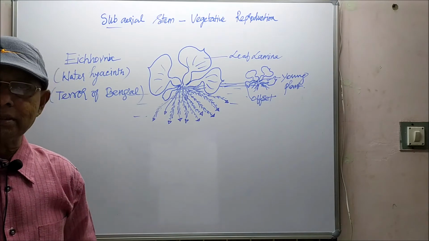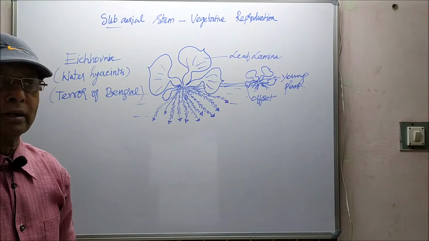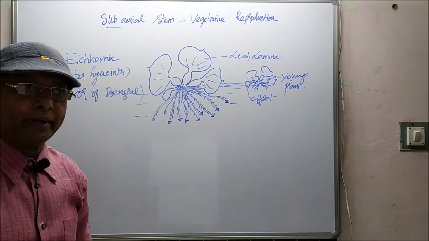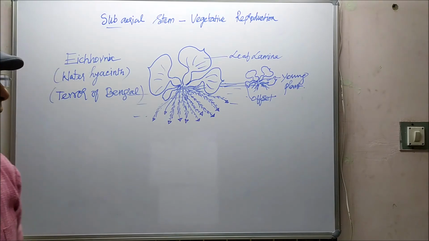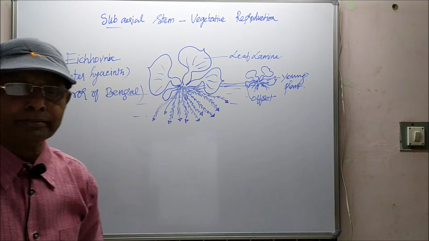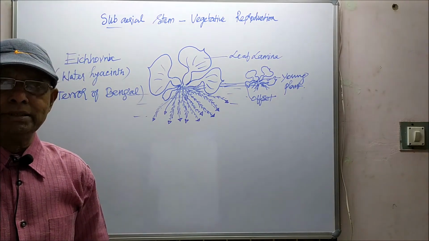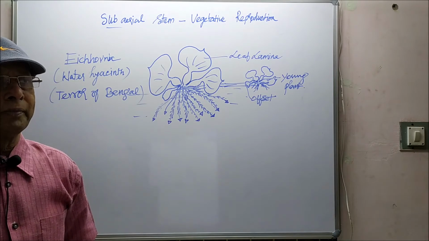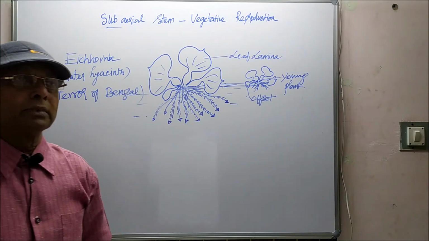The offset is a short, stout lateral branch growing on the water surface, as in the case of Pistia. Eichhornia is commonly called terror of Bengal because it is a fast growing water plant, an aquatic plant.